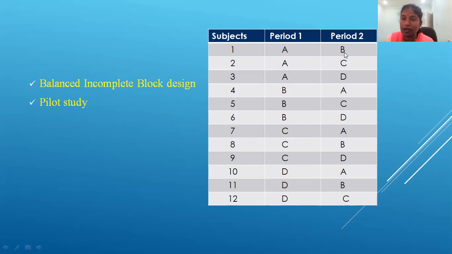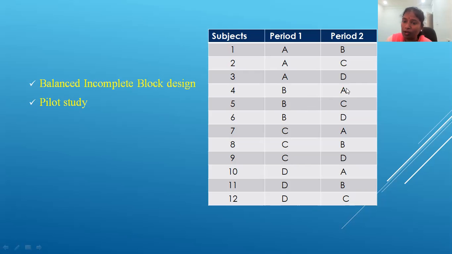In the second period, on the first group you are giving B, but you are not repeating the same formulation, so you are changing it. Already you gave A, so you give C, and next you give D. Like that, B was already given, so we do not repeat B in the second period.